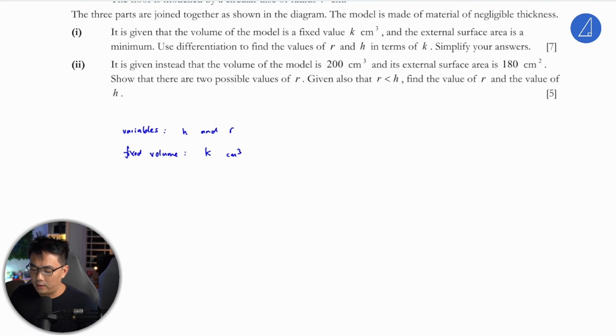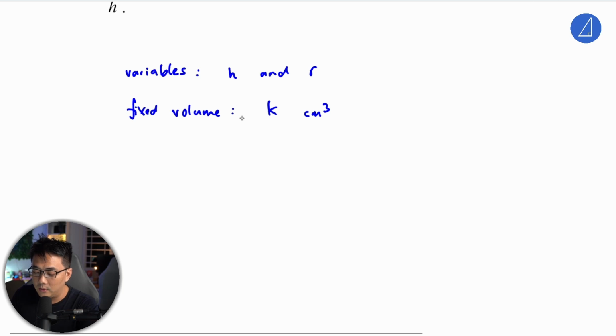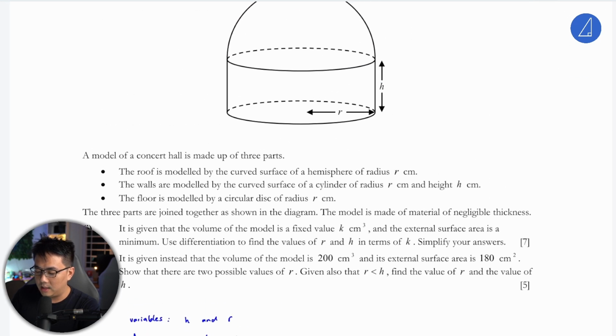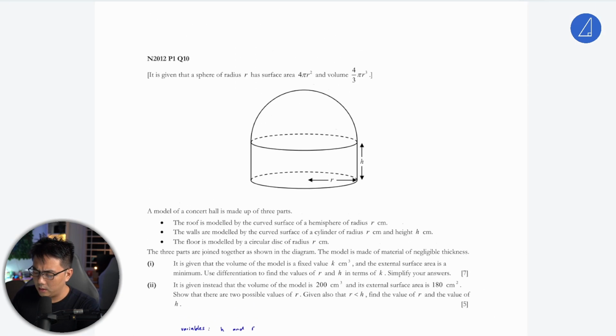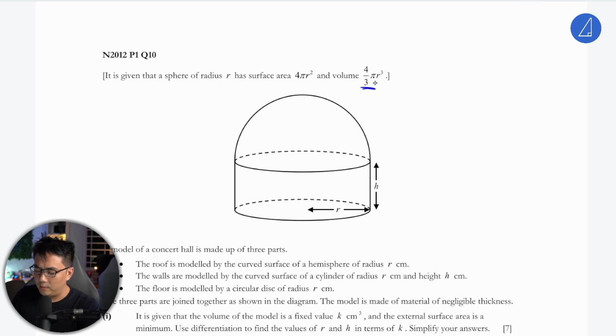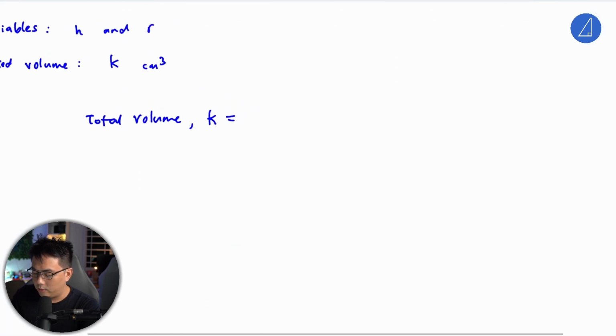Now, basically what we need to do is relate both of them by using this fixed volume here. Alright, so from here we can tell that the total volume K is equal to the volume of a cylinder, which is the base area multiplied by the height, plus the volume of a hemisphere, which will be half the volume of a sphere.